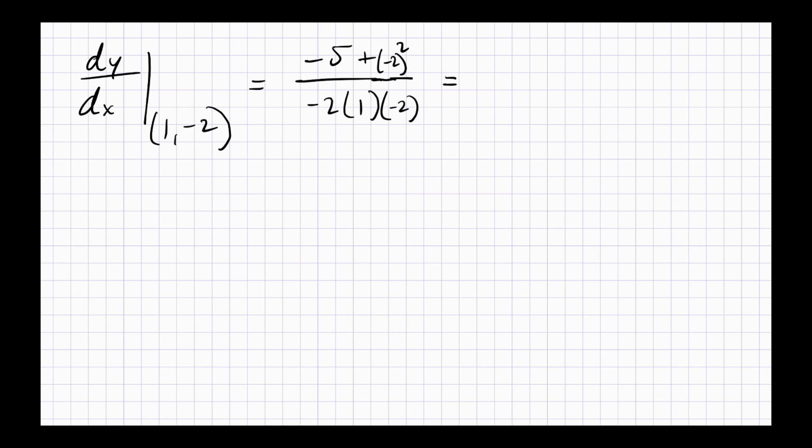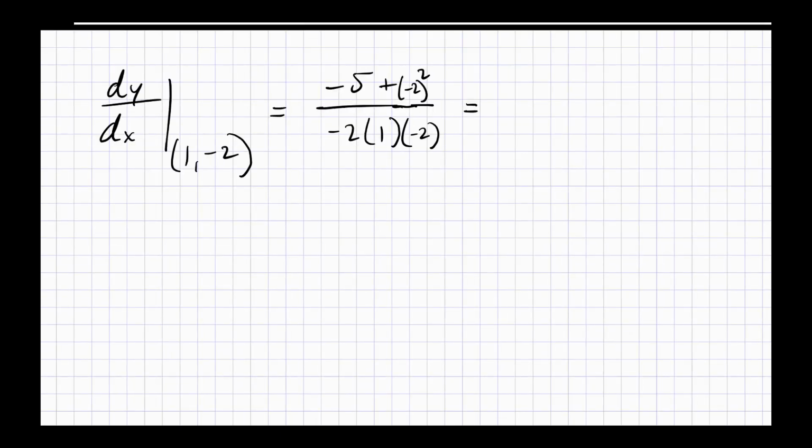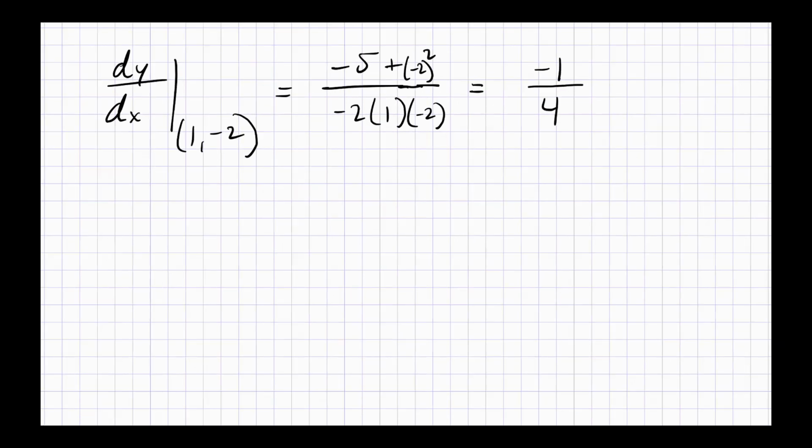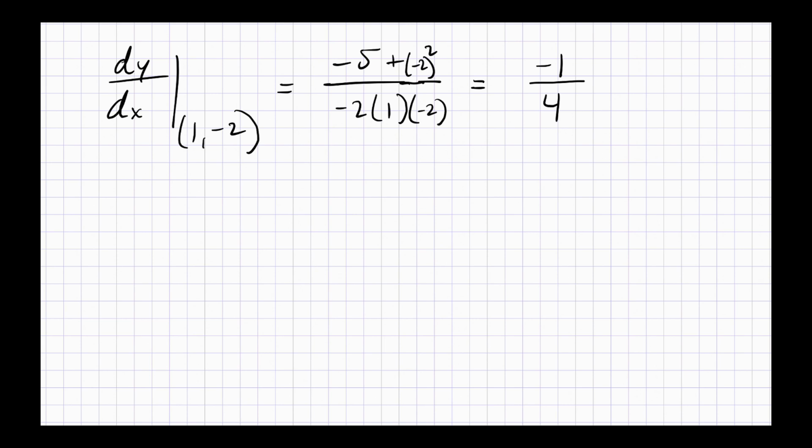So I'll get a number, which I wanted, which is the slope. So on top, I get -5 plus -2 squared. -5 plus 4 is -1. And on the bottom, a negative times a negative makes a positive, so it's going to be 4. -1/4. That's my slope.